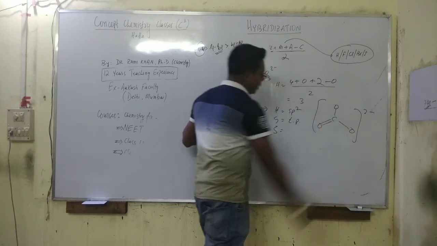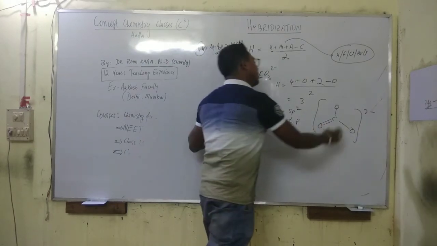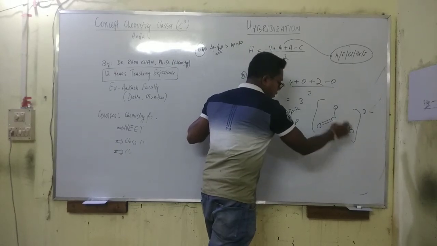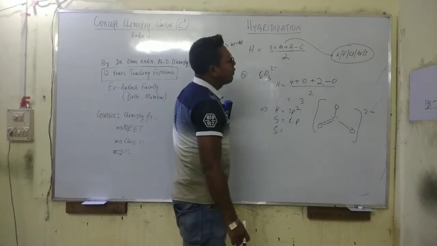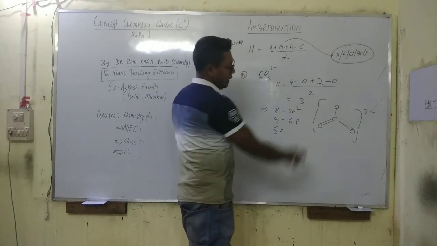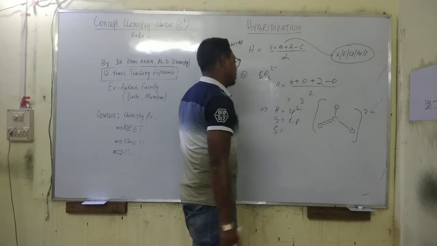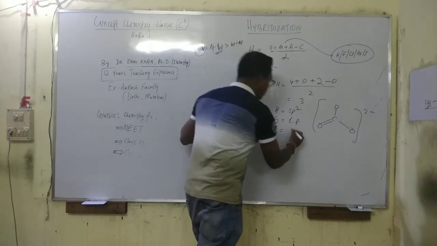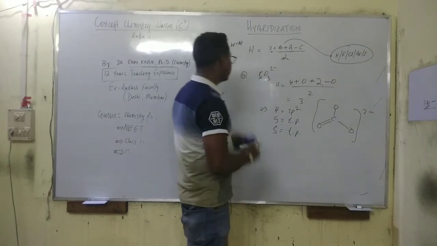We can write here a double bond. Remember, we cannot write 2 double bonds here because carbon cannot make 5 bonds, since it cannot have an expanded octet because of the absence of d orbitals. So the shape will be trigonal planar only.